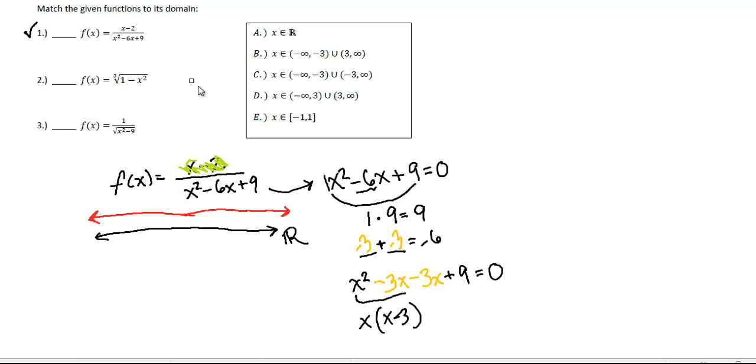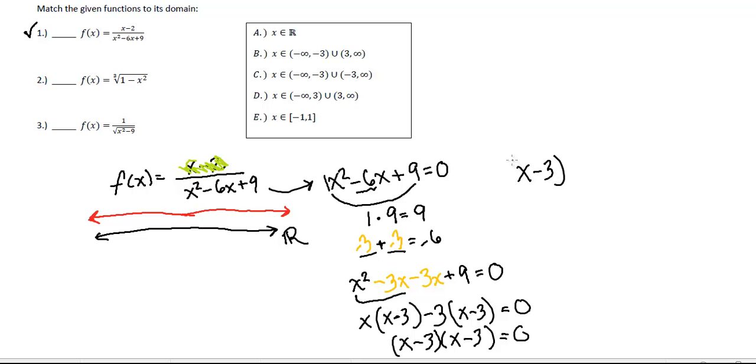Then I'm going to do minus 3, because I could pull a negative 3 out of this, and I have x minus 3. And that's going to equal 0. So my final factorization is x minus 3 times x minus 3 equals 0. You're going to have to pardon the speed of that factorization because I'm assuming we know Algebra 2, because we're in pre-calc. So now I know x minus 3 squared is equal to 0.